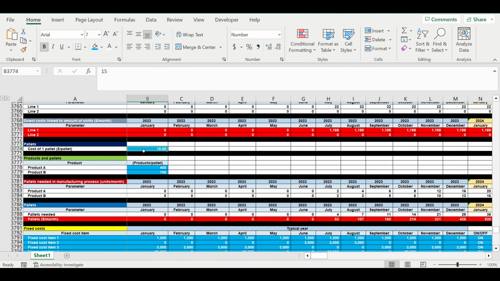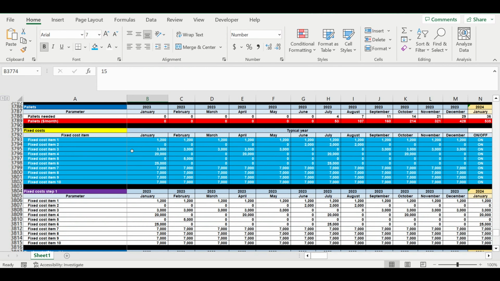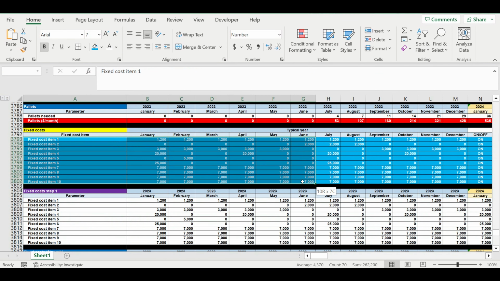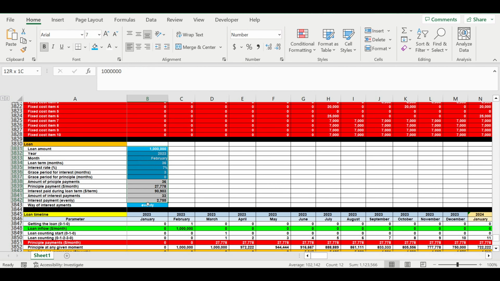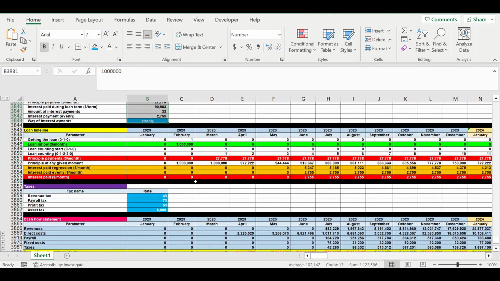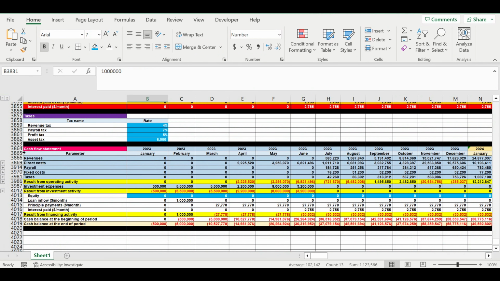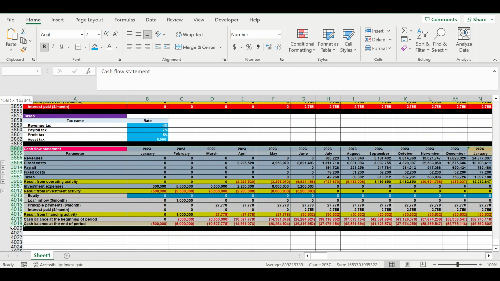Then we go to the package costs. Here we have pallet costs. Then we have fixed costs. Then we describe the loan, and then we build the cash flow statement.